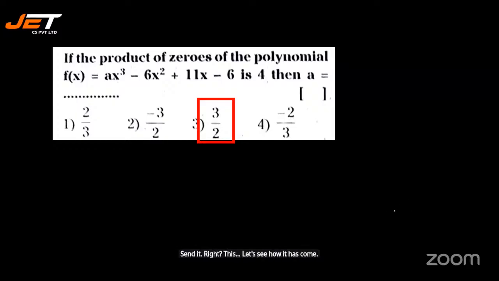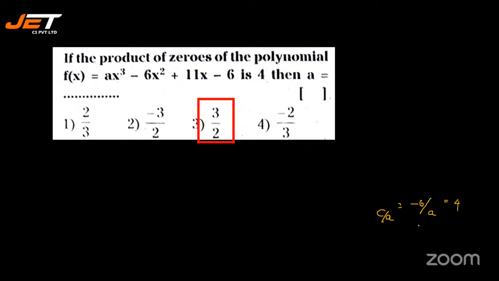Product of the zeros means what? C by a. What is c by a? Minus 6 by a is equal to 4.